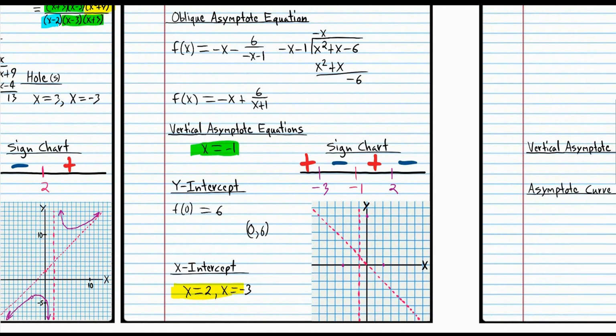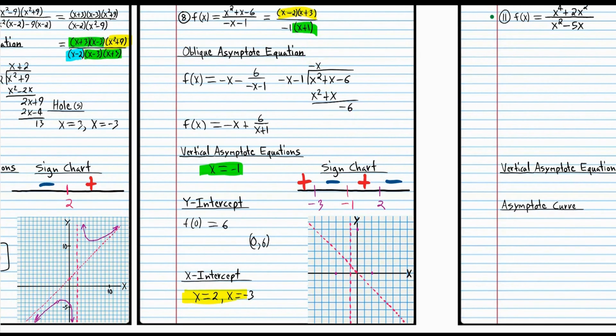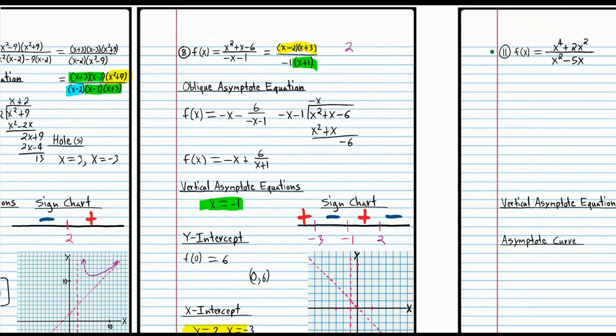We can find a few more points if we want to be a little more accurate. So let's try plugging in 4. And we get 2 times 7 over -5, so that's 14 over -5, which is -2 4/5.